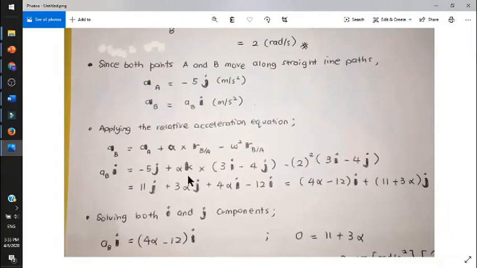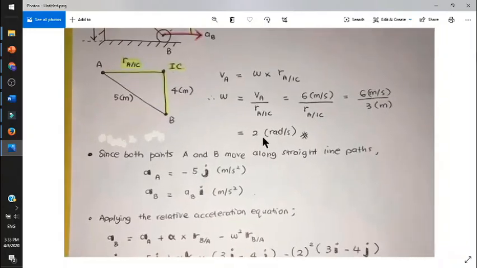Plus alpha K. This is the tricky part of the relative acceleration equation. Compared to the relative velocity equation, where you partner the K component with omega, for the relative acceleration equation please don't forget to partner alpha with the K component. Times RBA, 3I minus 4J.